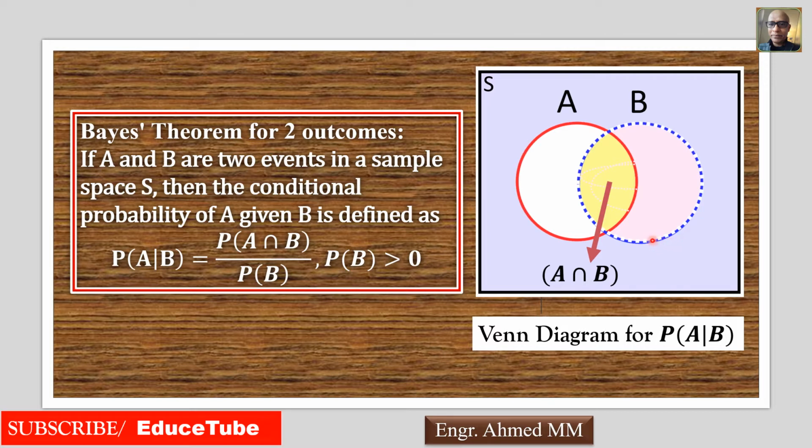So our sample space, before it was S, now is reduced to the set B. So the only way that A can happen is when the outcome belongs to set A intersection B. This is the only case.